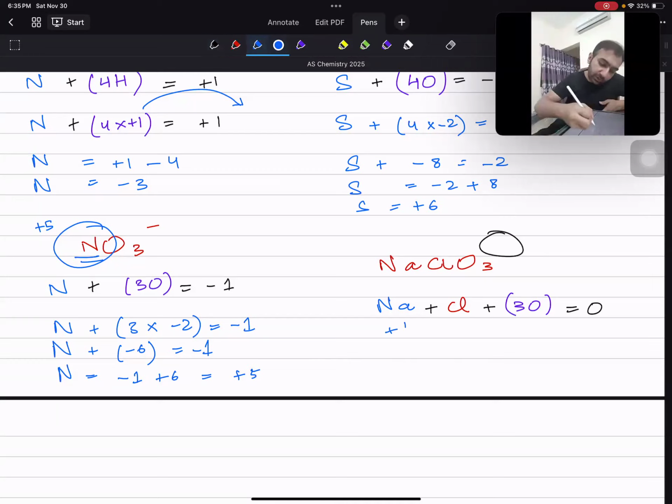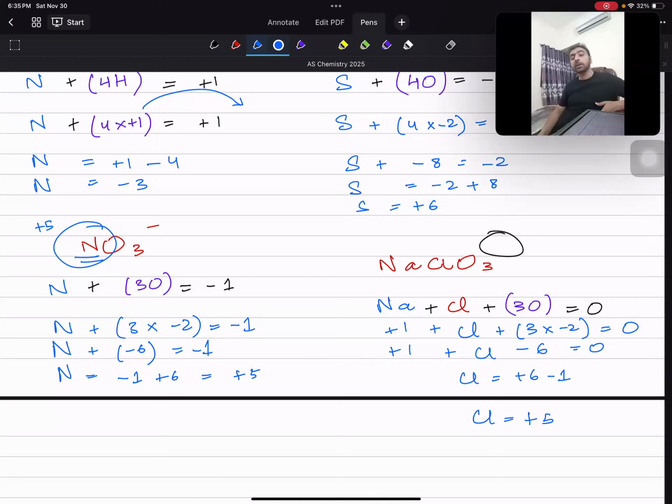Sodium is +1. Chlorine, I don't know. 3 oxygens is 3 times -2 because each is -2, total 0. +1, chlorine, -6, equals 0. Chlorine is equal to +6 -1. Chlorine is equal to +5. So the oxidation number of the chlorine atom here is +5.